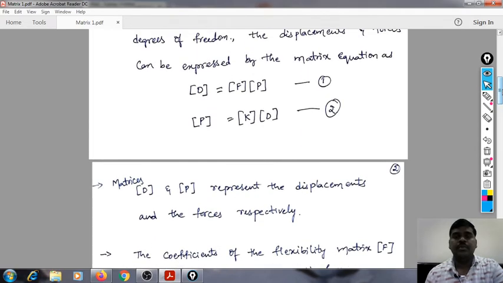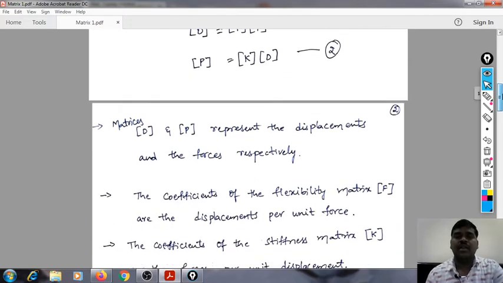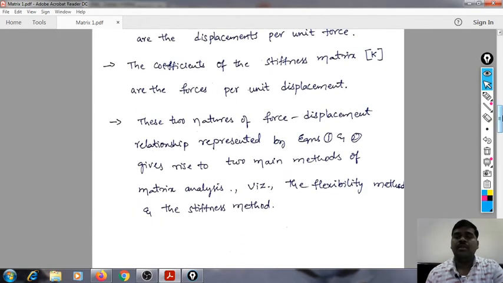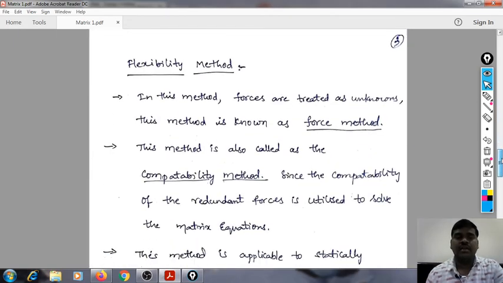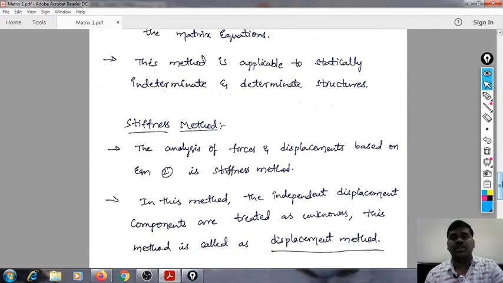Here P is equal to K into D, the matrix of P is equal to the multiplication of matrices K into D. So a small knowledge of matrix multiplication is necessary for solving the problems on the matrix method. And next we have the stiffness method. The analysis for equation 2 is called a stiffness method.